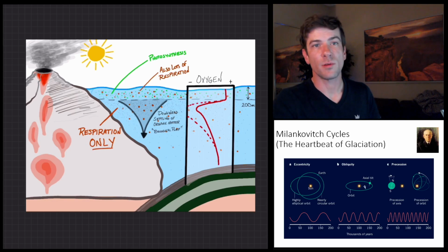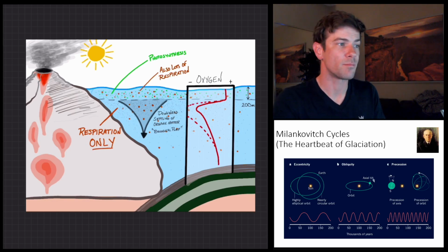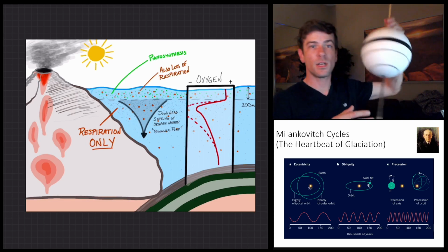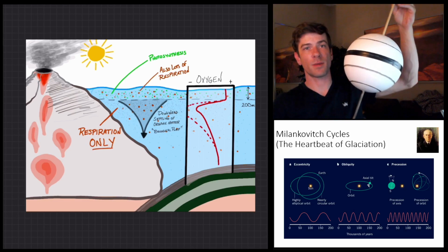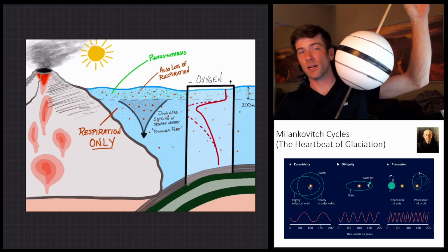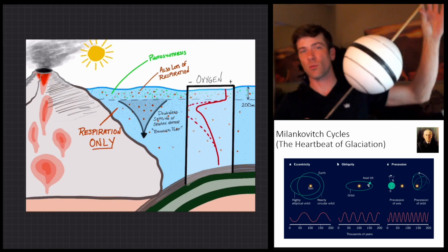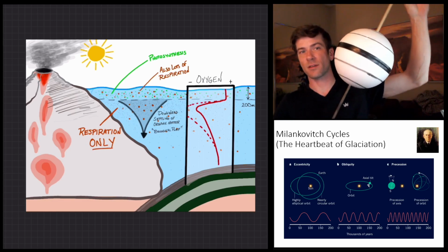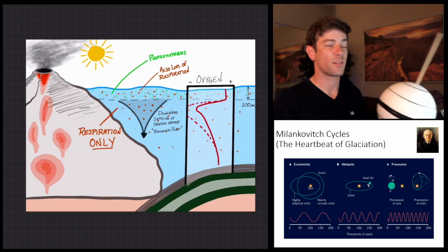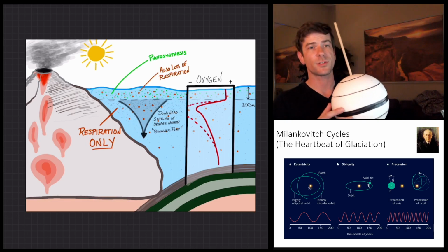There are two other important pieces to this. The tilt of the Earth has a period to it. It changes. I actually have my little globe here. It changes from being about 21.5 degrees to about 24.5 degrees. It kind of goes back and forth like that. And it does that on a period of about 40,000 years or 41,000 years.